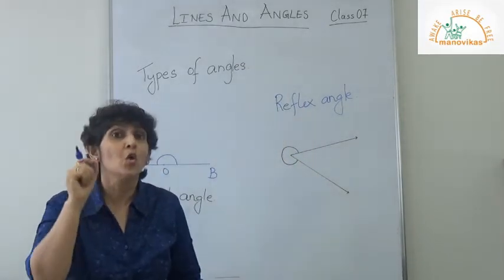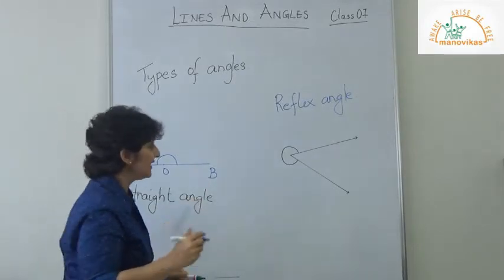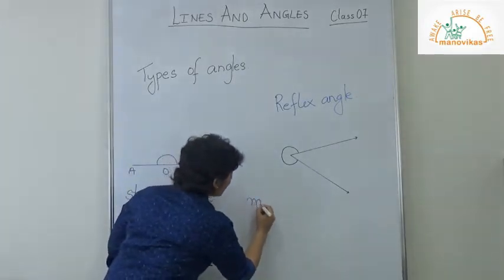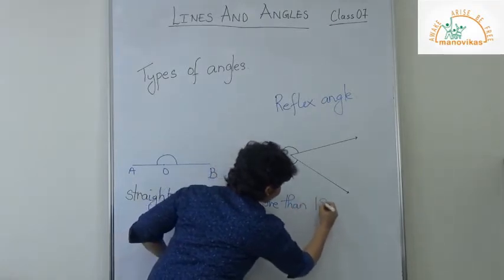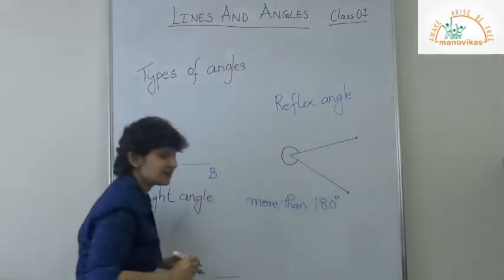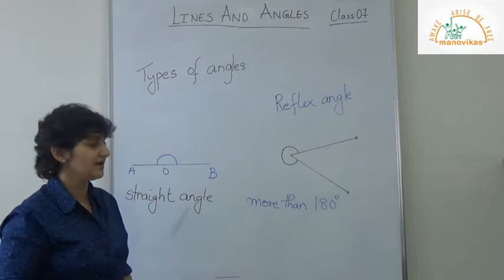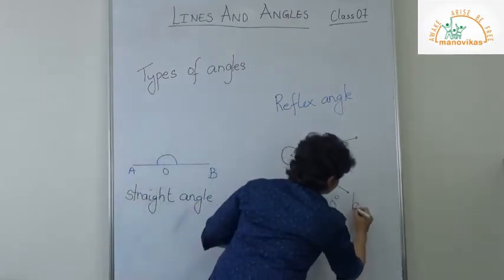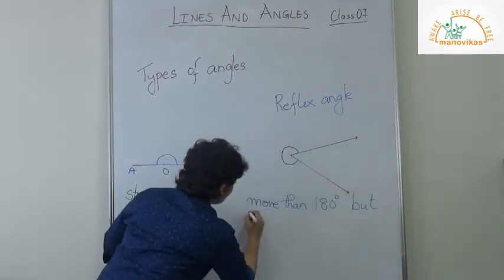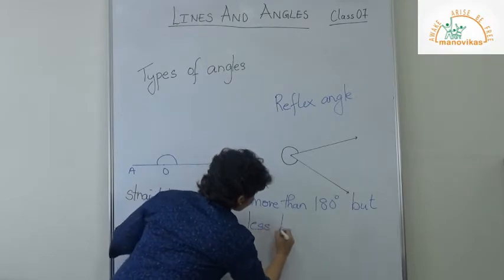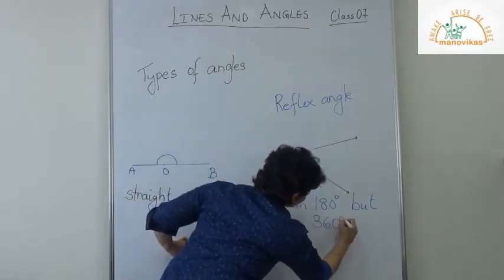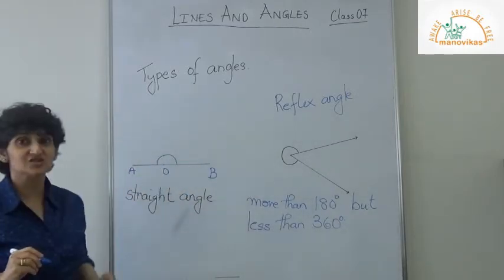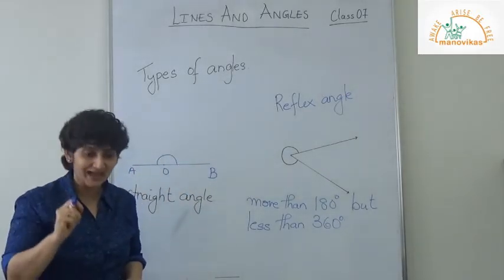An angle whose measure is more than 180 degrees, more than 180 but less than 360 degrees, is called your reflex angle.